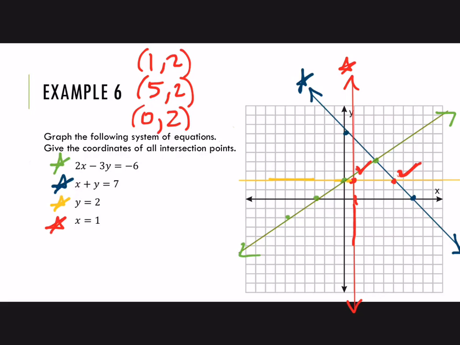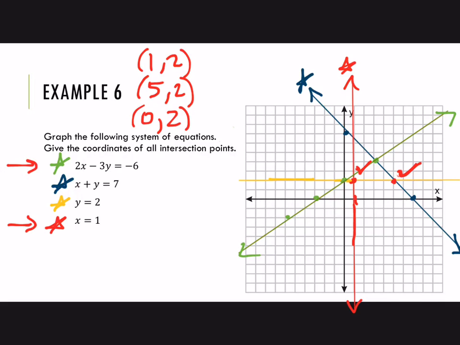Okay, now I don't know if you can see in the video, it might be too small, but if you make this graph on your own, you should see that the green line crosses the red line at some sort of a decimal value. Okay, so what I want to do is pair those two equations together, the green one and the red one. Now this again I can do by substitution.